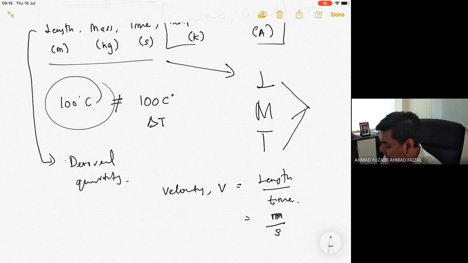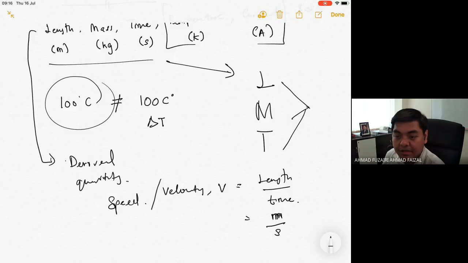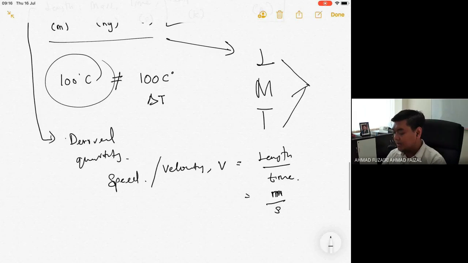Velocity ni nanti kalau dia ada direction. Kalau tak ada direction, kita panggil dia speed. Tapi kadang-kadang speed dengan velocity ni orang salah anggap sama je. Okay, so speed ni without direction, velocity is with the direction. So meter over second. Sebab tu dia punya unit m per s.